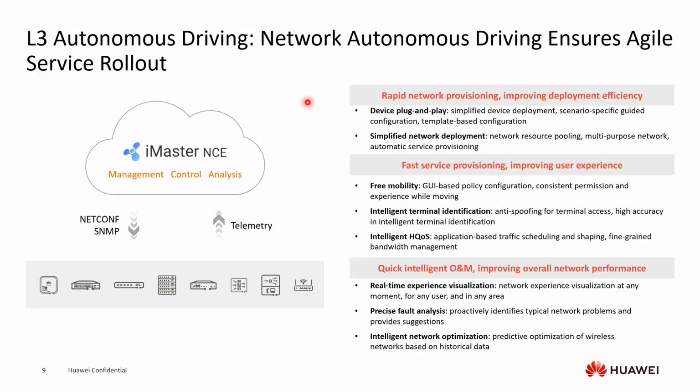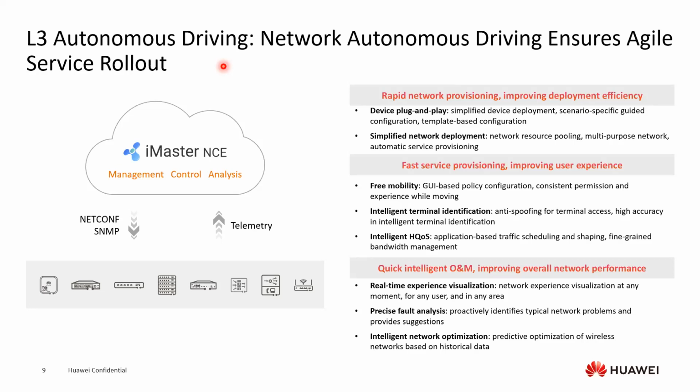Okay, we'll start with the L3 autonomous driving network. You might be aware of the IDC research that works on multiple levels of network automation, like level 1, 2, 3, 4, and level 5 being the most autonomous network there is in the market.